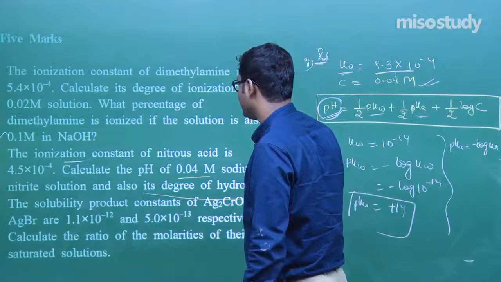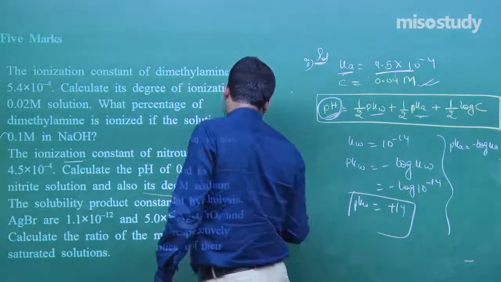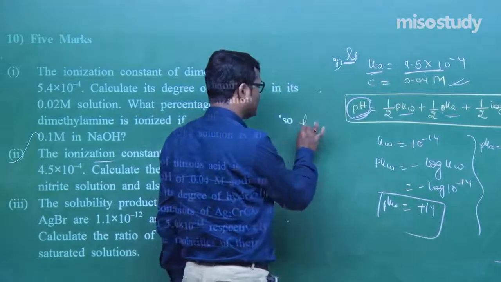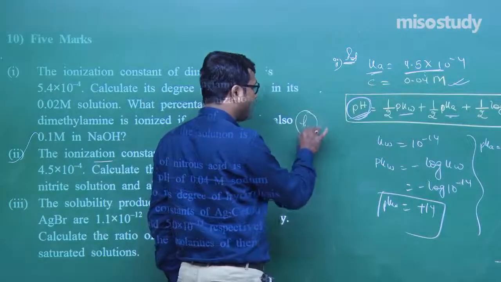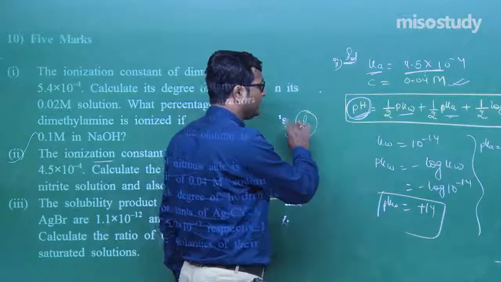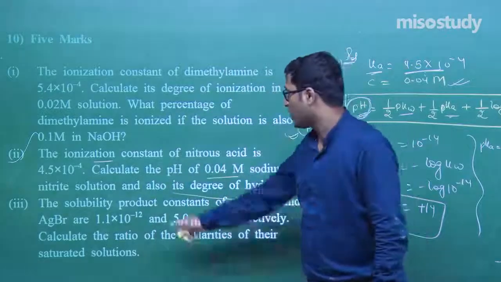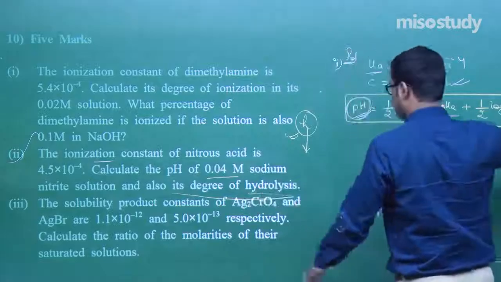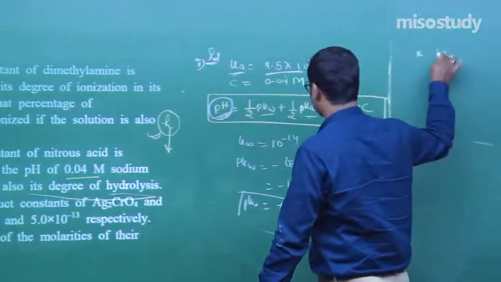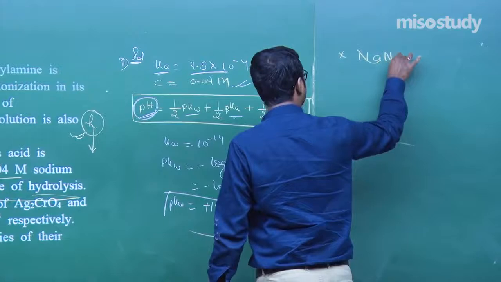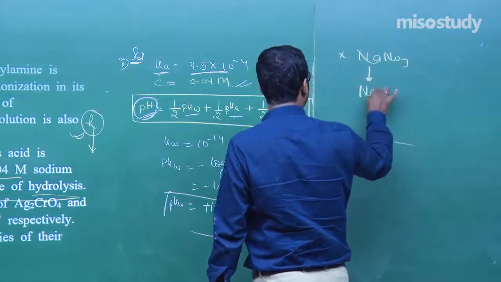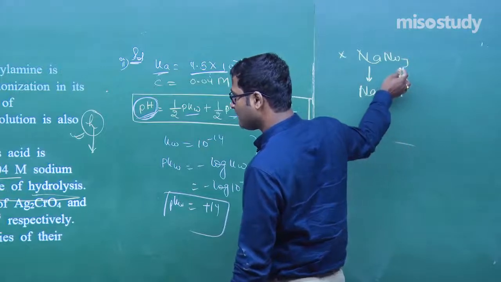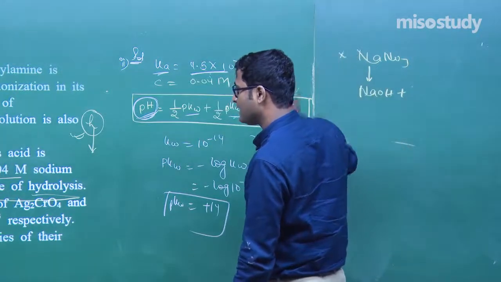And the next part is given here, degree of hydrolysis, h. I have given a best derivation to find the degree of hydrolysis. In case of salt solution NaNO2, sodium nitrite, this comes from NaOH plus nitrous acid.